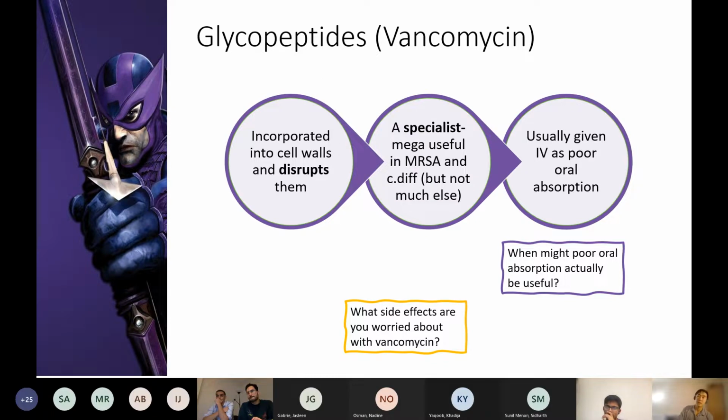Does anyone know what side effects you worry about with vancomycin? It's very classic SBA fodder. You don't typically see it in real life because we manage it quite well, but there's a very big condition that's almost pathognomonic because it just gets linked so much with the SBA.